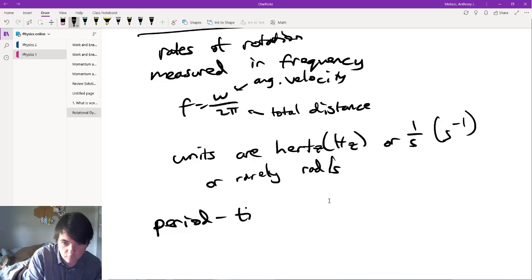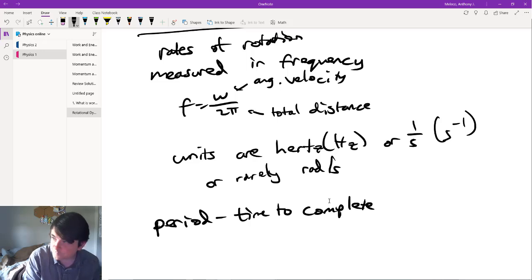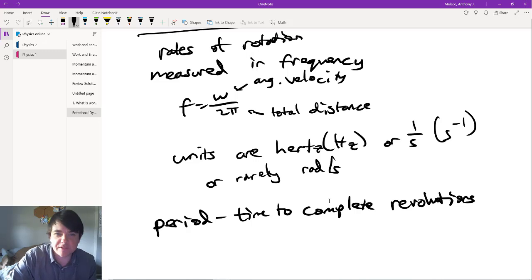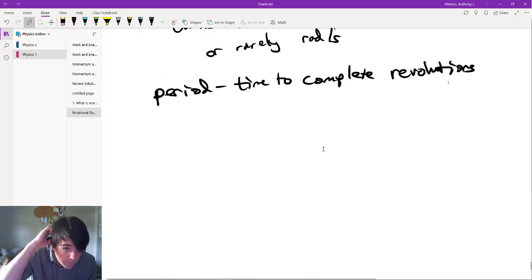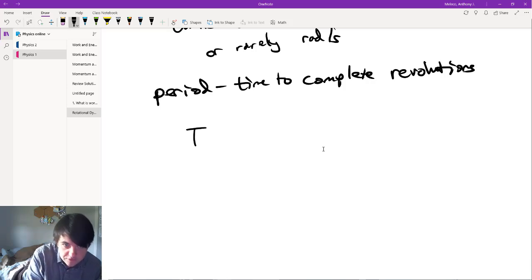Oops, forgot one more thing. Period, which is the time to complete revolutions. So the main difference here is when you're talking about frequency and period, it's in terms of full revolutions rather than half revolutions.